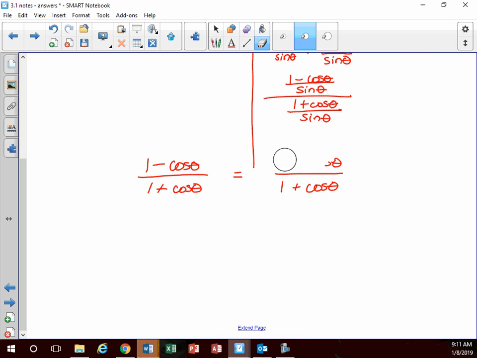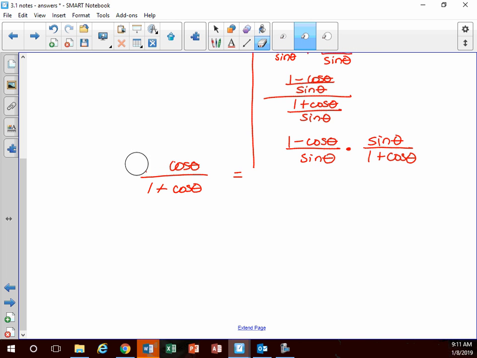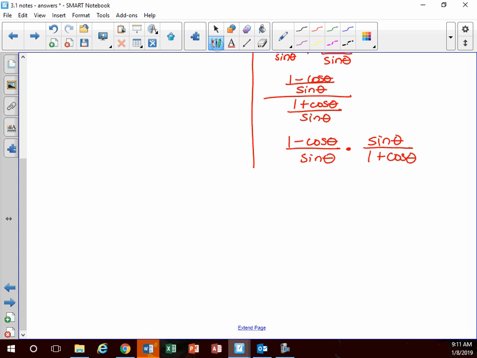Move this guy down a little. So this is really 1 minus cosine over sine times, I'm going to flip and multiply, sine over 1 plus cosine. We're okay with that? What happens there then? They cancel, right?